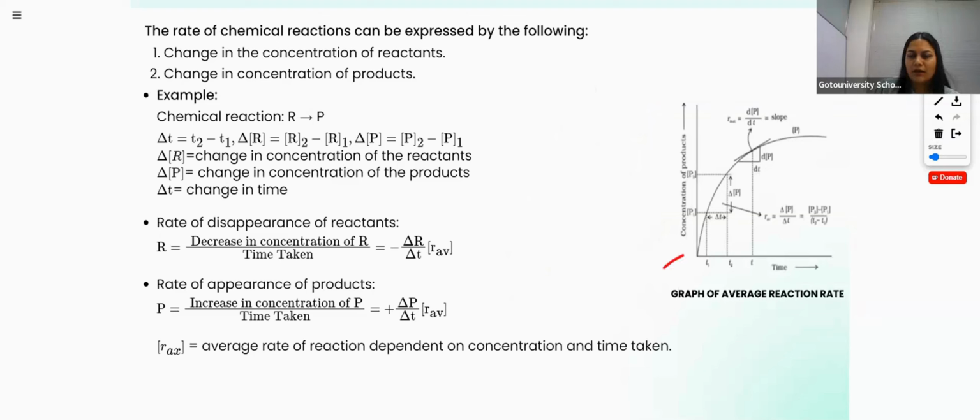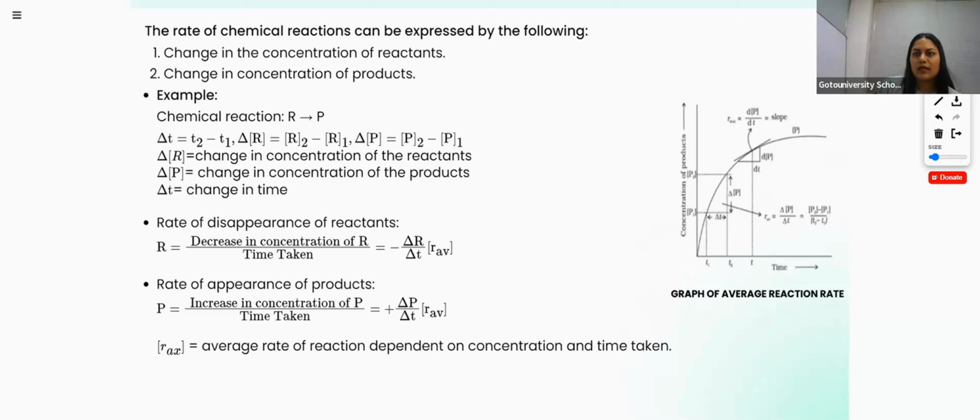This graph represents the slope, the molar concentration of product, continuously increasing, and the value calculated for the concentration of product is always positive.